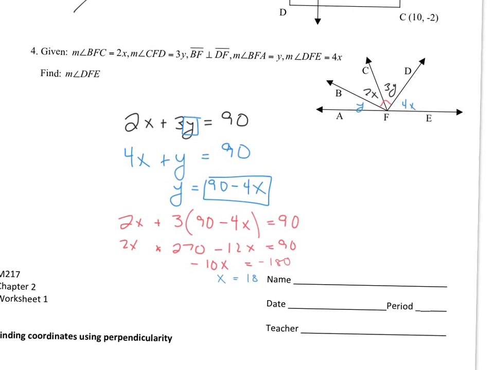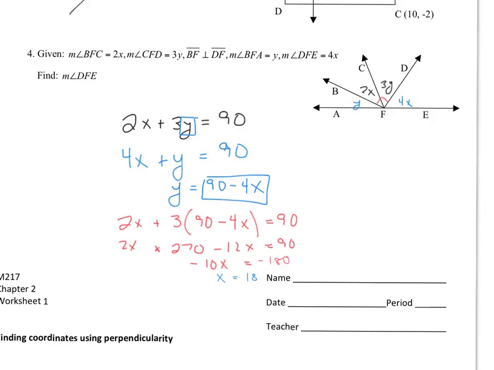So if I go back up to my problem, I want to find the measure of DFE, which is 4 times x. So I do not need to find y. So the measure of angle DFE is going to be 4 times x, which is 4 times 18, which is equal to 72 degrees. Okay.